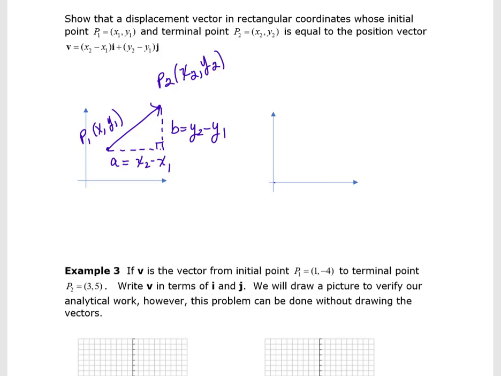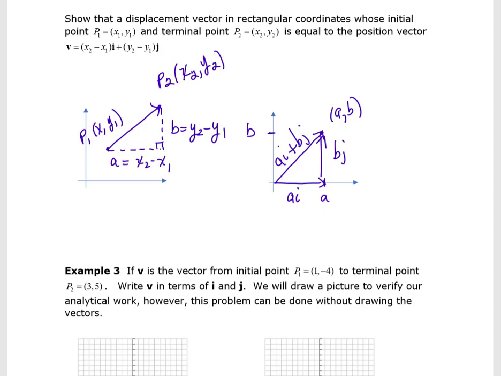So if I take this value a, I'm just going to mark off a right here, and I can mark off b right here. Right? a is just the change in x, b is the change in y. And if I take this new point (a, b), this position vector, right, whose components are made up of the vector ai and the vector bj, this new vector ai plus bj is going to be equivalent to our displacement vector.